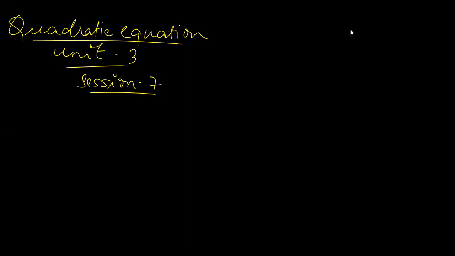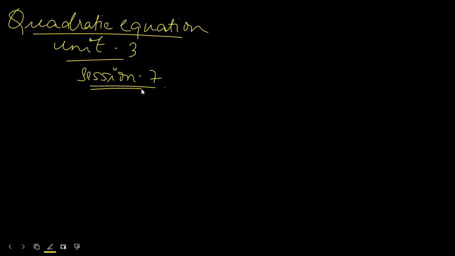In today's session, we will be moving a bit further in the chapter Quadratic Equation to Unit 3 of the chapter. We will introduce the concept of completing the square in this unit. And most important session this is, the method completing the square is pretty important and it's easier too.